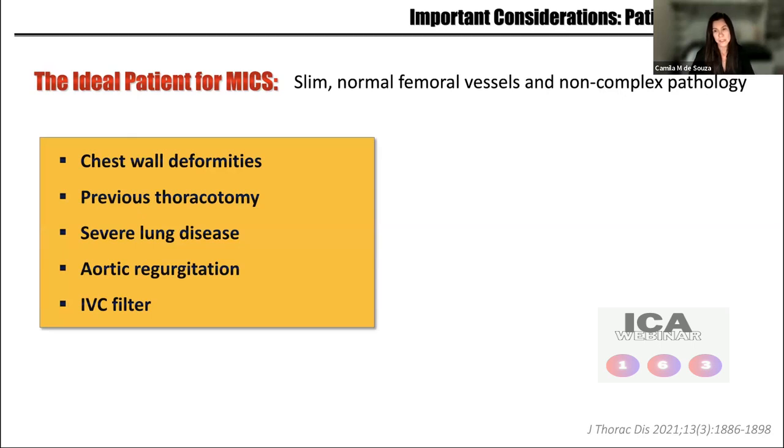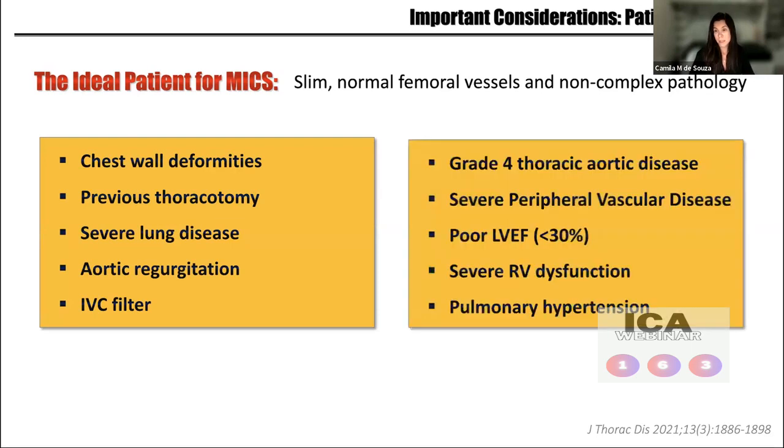The presence of an IVC filter is a problem because we typically use peripheral cannulation to establish cardiopulmonary bypass for these cases. For the same reason, patients with severe atherosclerotic disease of the aorta or severe peripheral vascular disease are normally poor candidates for this approach.